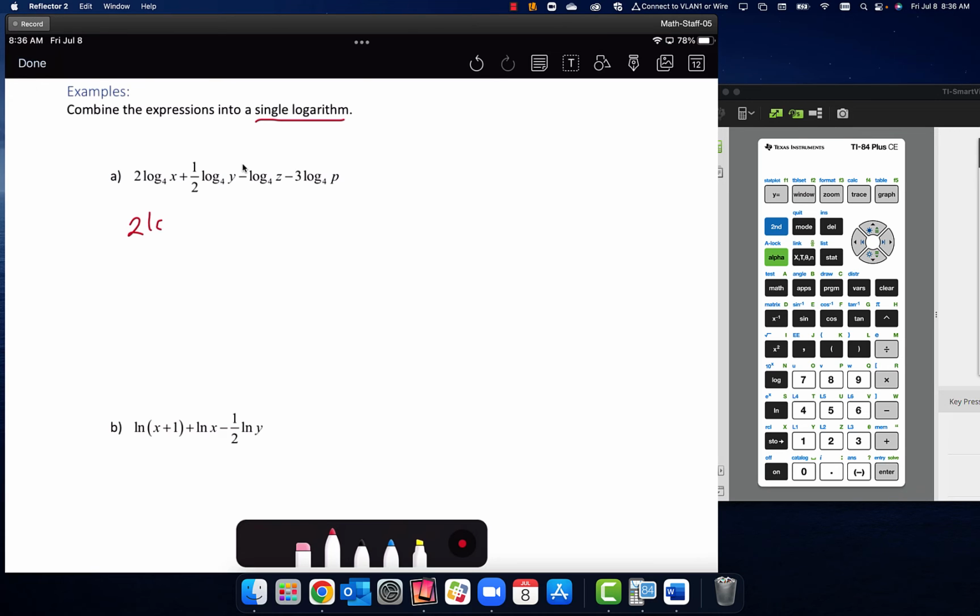So I'm going to copy the first part. And on the last two, I'm going to factor out a negative sign. So I'm going to pull that negative out to the front. So all I'm doing is I'm pulling these two negatives out, factoring out that -1.